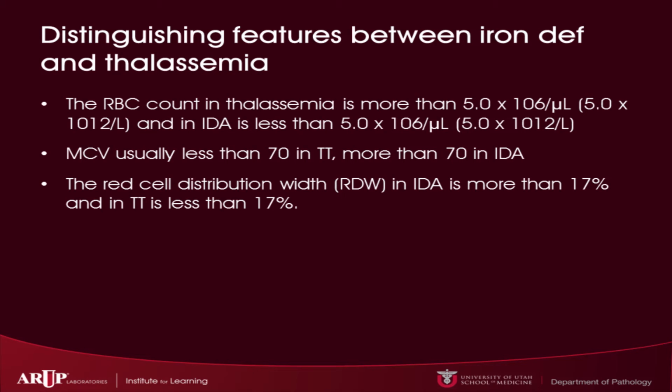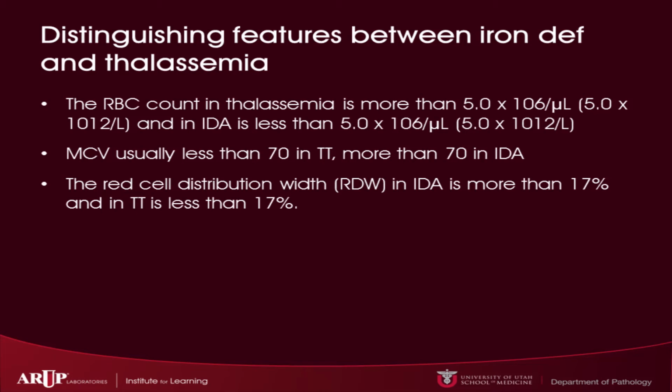Red cell distribution width, or RDW, in iron deficiency anemia is usually more than the normal reference range or in the higher range of normal. In thalassemia, because it's a genetic disorder, it has nothing to do with nutrition. It's a genetically acquired disorder.